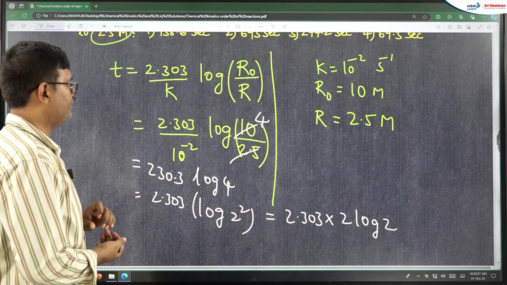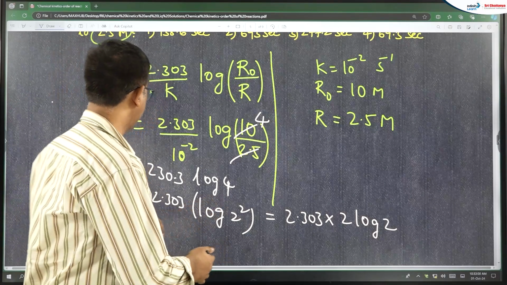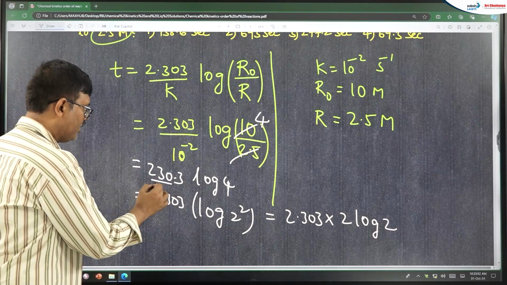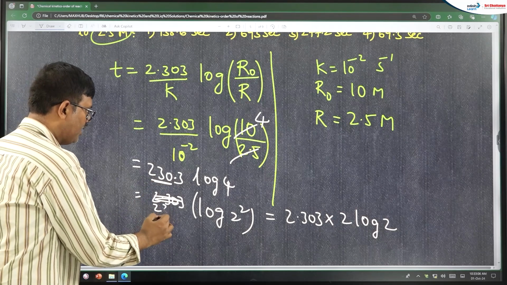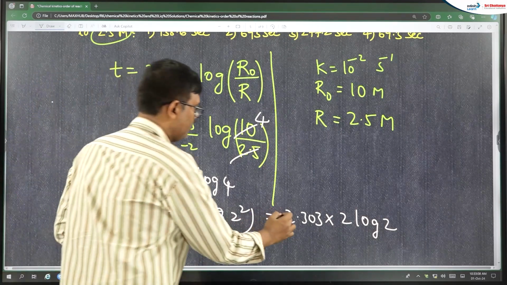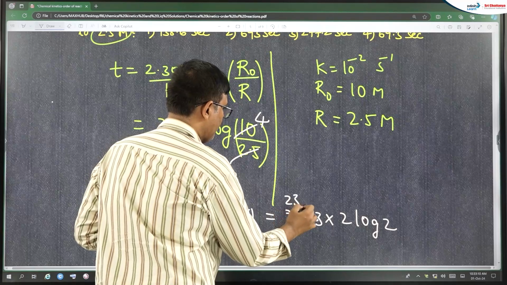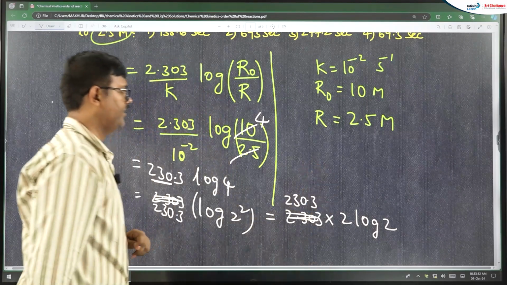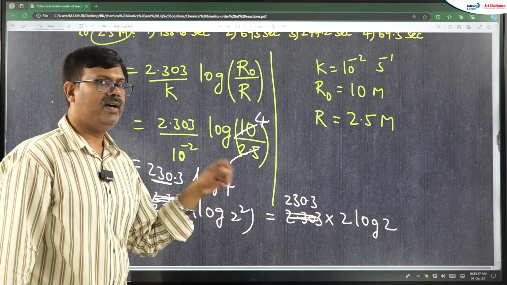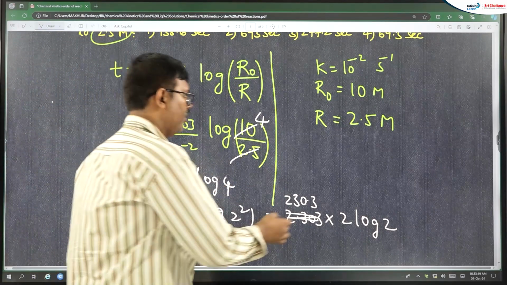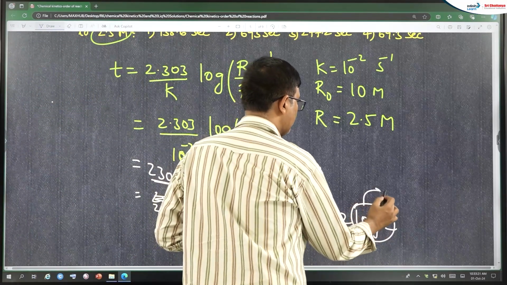Sorry, it is not 2.303. Here there is a decimal point after 3 digits. So it is 230.3 actually. Now, what is the log 2 value? Log 2 value is 0.301.